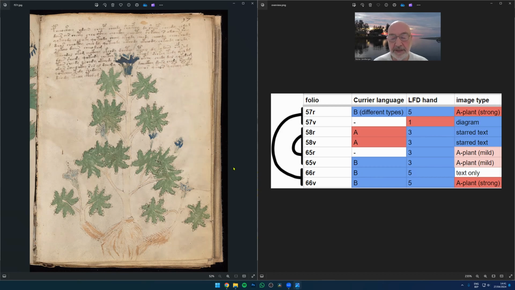Yeah, they actually fall into the category of the intermediate language, which I call C. There are also A language folios that have the wrong plant on them, so to speak. But these are all at the end of the herbal section. So just before Quire 8, whatever it means.